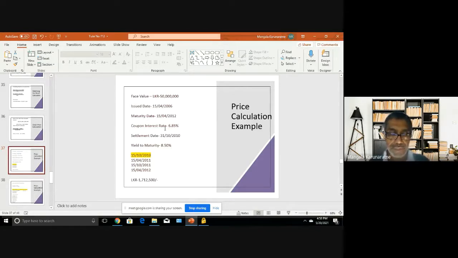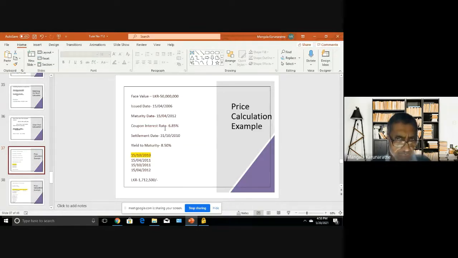You understood? The yield to maturity is the market interest rate. We can simply say the market interest rate is the yield to maturity, the current market interest rate. So by investing in this bond, this person will get only 6.85, right?